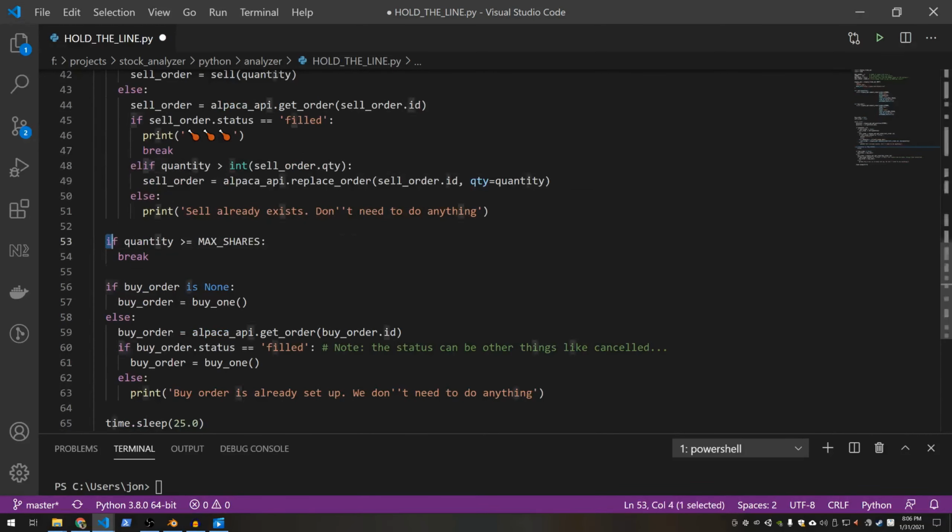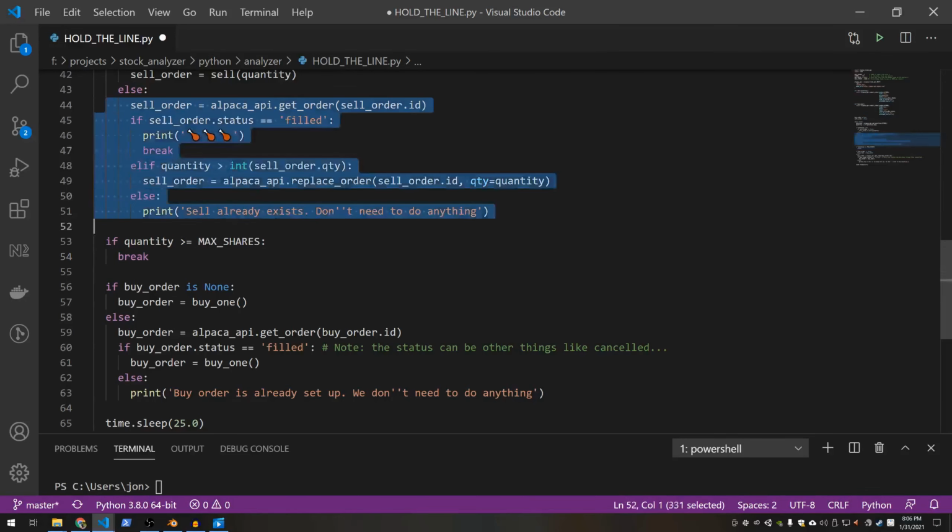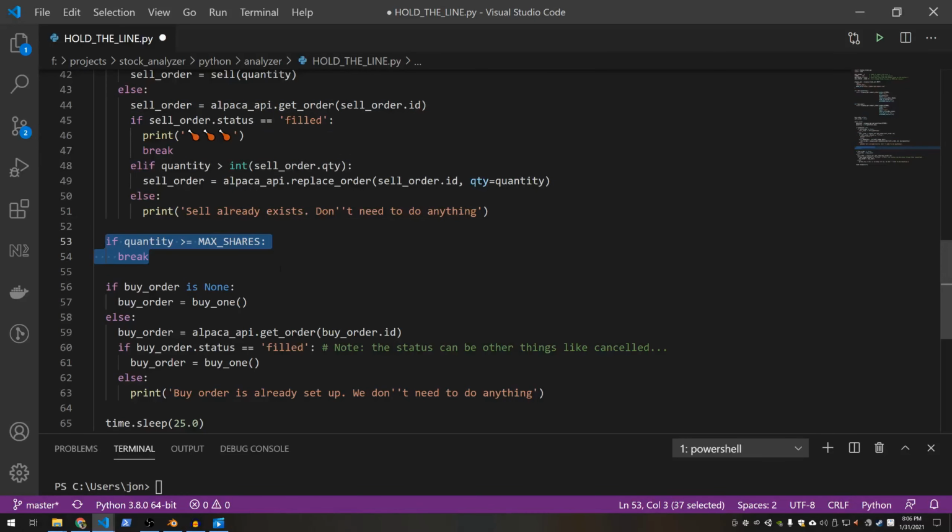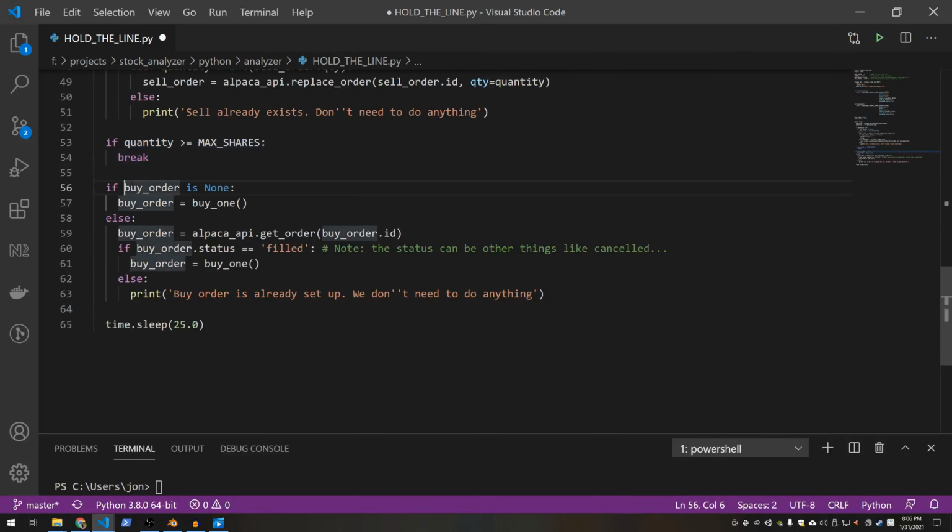Then we have this little phase where if we hit the quantity, this is the point where we've reached our limit in terms of how many shares we want to hold. So we've already set our sell up, so we can safely just jump out of the program. And then we hit the buy phase, where if we don't currently have a buy, we're setting that up. And if our last buy was filled, we just set a new one up to provide support at the low price point.